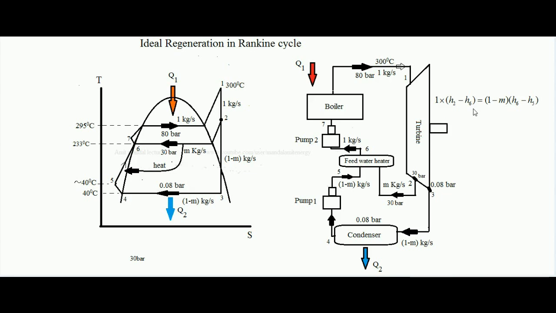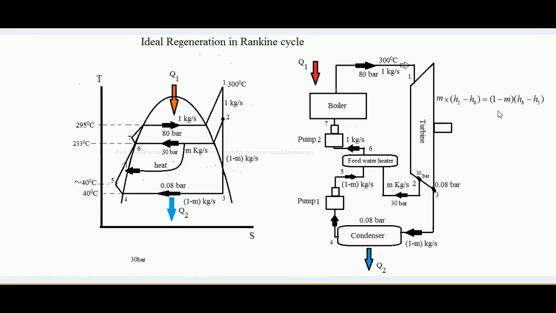Now this m into (H2 minus H6) is what is liberated by this steam bleed condensation in the feed water heater. Now this is what is consumed by the liquid water between 5 and 6, and the liquid water between 5 and 6 has a mass flow rate of (1 minus m) kg per second.